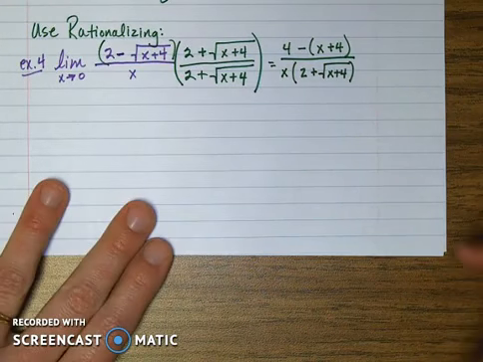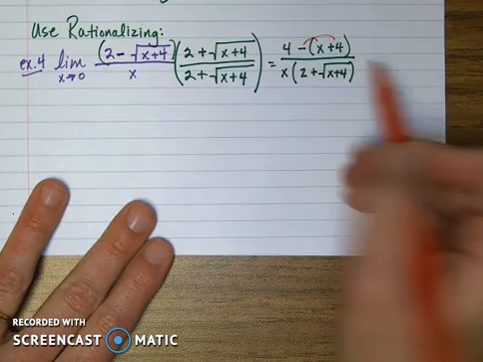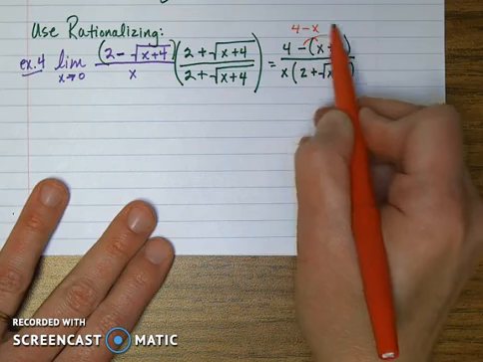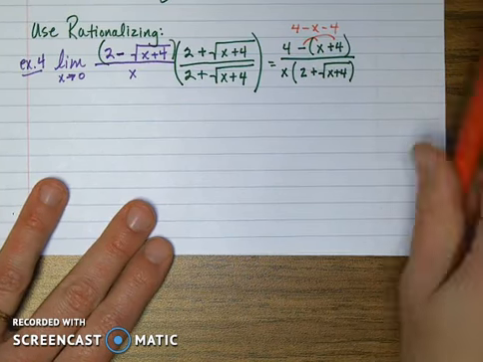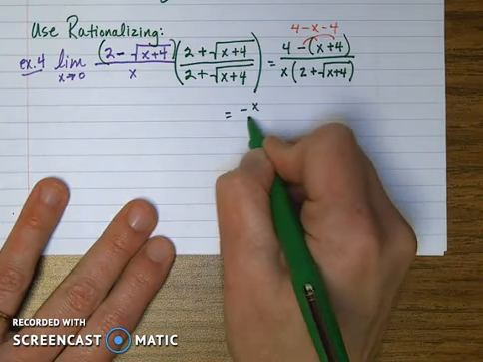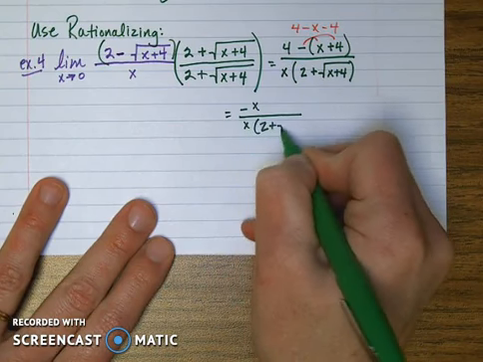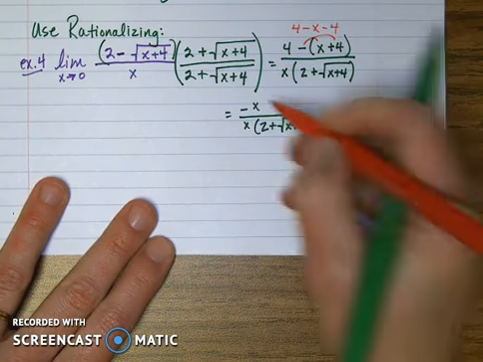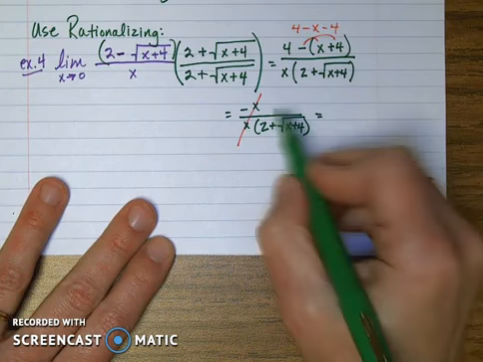Look at what happens in your numerator. That negative distributes, and you're going to have 4 minus x minus 4. Well, that's going to give you a negative x. So you will have negative x over x times 2 plus the square root of x plus 4. Now those x's do cancel, and you now have a negative 1 in the numerator.